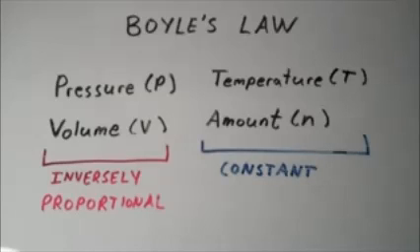So let's quantify this in terms of equations and see if we can derive maybe a couple of special equations that we can use. So we're trying to set up an equation for Boyle's law. Remember that at constant temperature and amount, pressure and volume are inversely related.